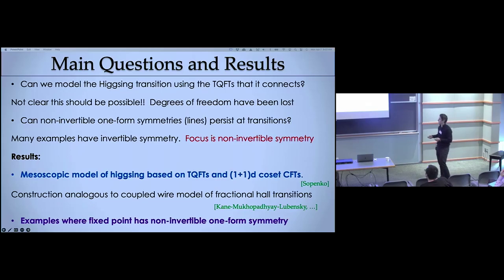You should compare this construction, those of you who are familiar, to coupled wire models of fractional Hall transitions. So that's the first thing I'll talk about, is how this model works. And this model, we'll see, is very well suited to address the second question about non-invertible one-form symmetries. And we will give you some examples where if you use this model, you would think that the fixed point has non-invertible one-form symmetry. So the transition has more than just abelian anyons that remain topological.